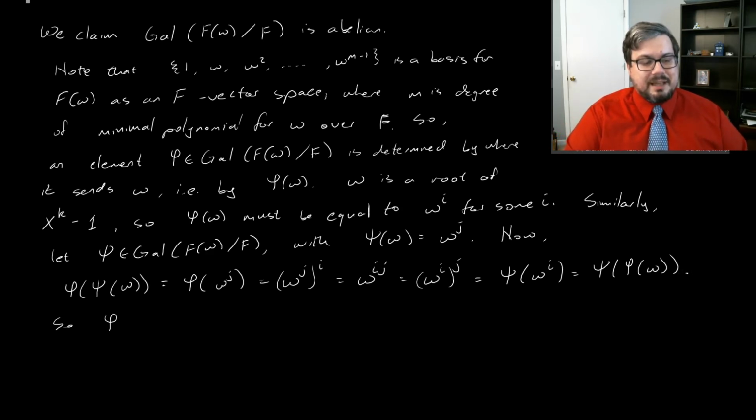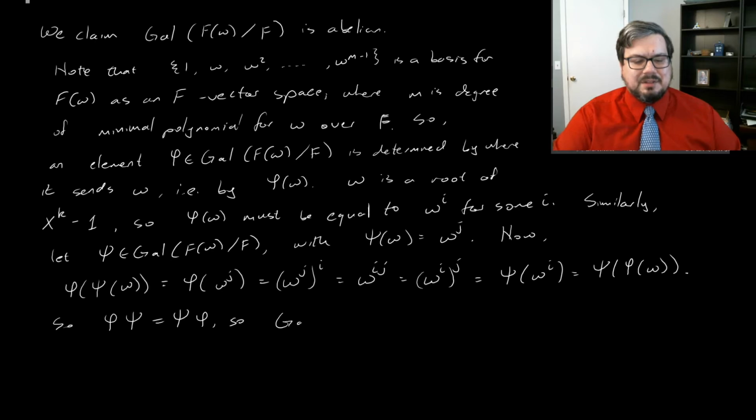So this means that phi composed with psi is the same as psi composed with phi, and so that means that the Galois group of F(omega) over F is abelian.